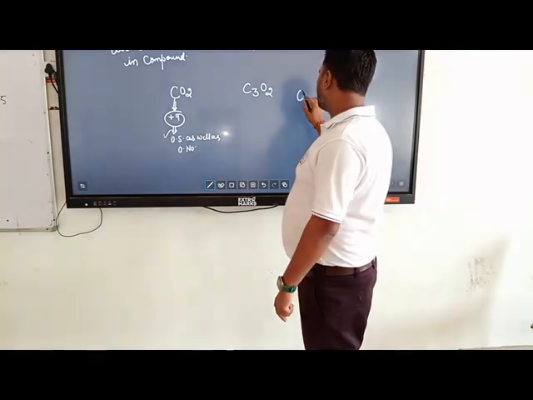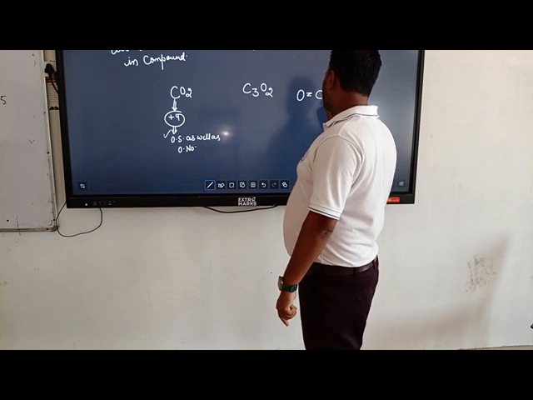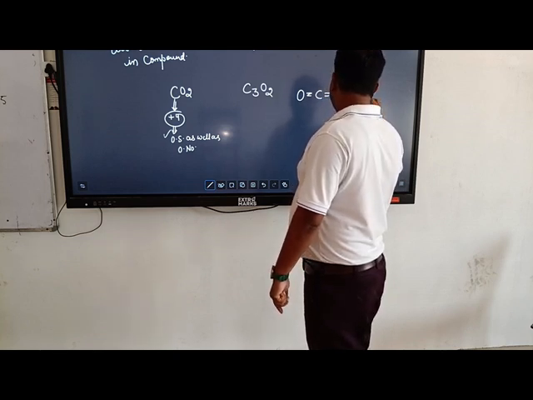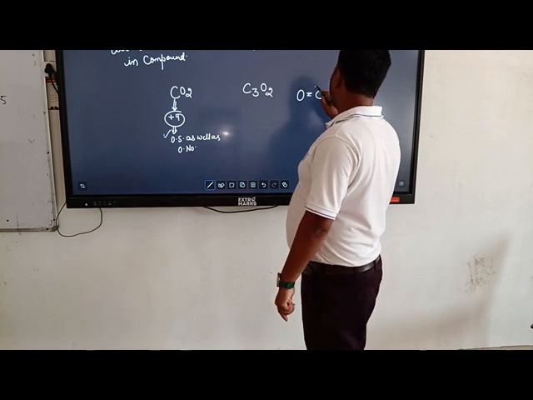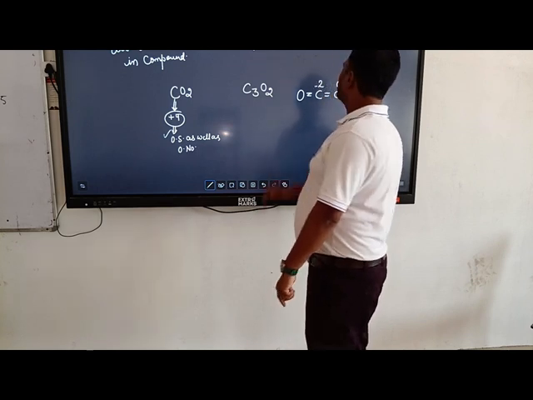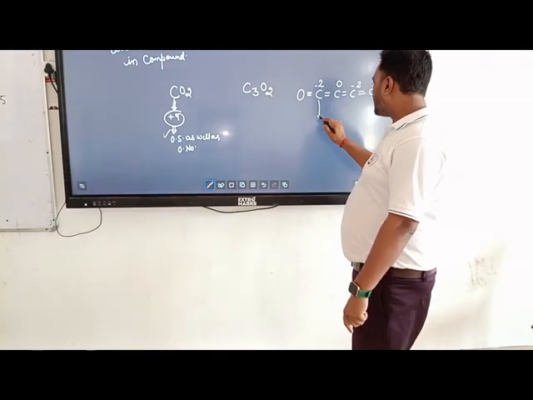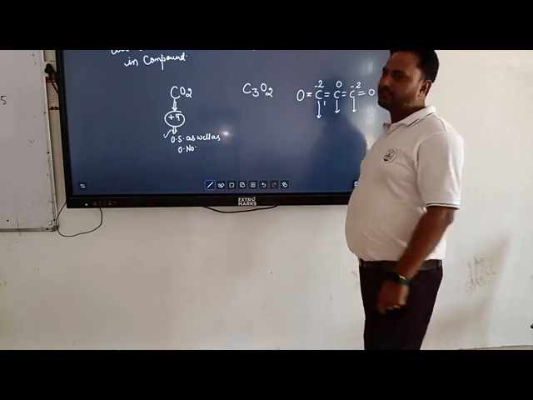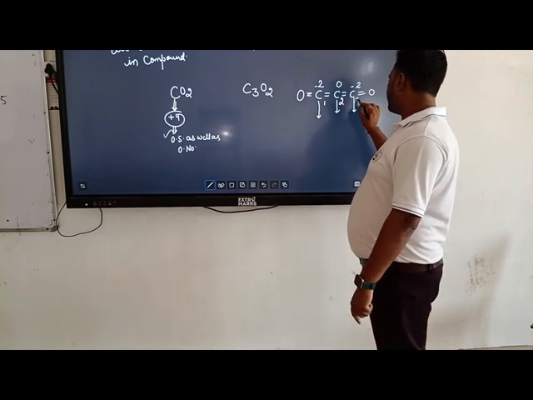But this is the compound C3O2 where carbon exists in two different charge forms. One of its charges is -2 and the other is 0. So these individual charges are their oxidation states. So if it is 1, it is 2 and it is 3.